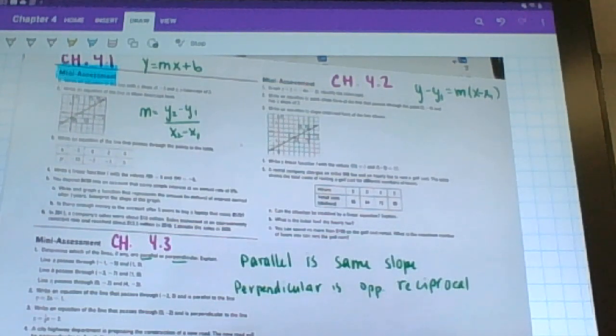Since they give you a picture, you can just count rise over run. All right, I'm gonna put the answer for 2 in a minute. If you're ready for 3, find your slope. Identify b. Same concept.